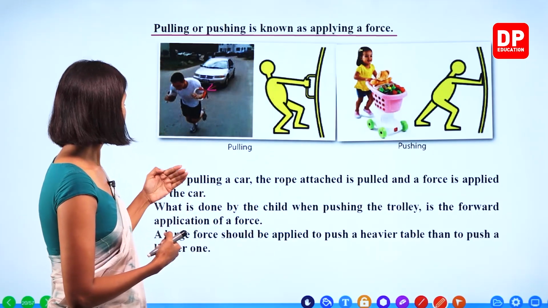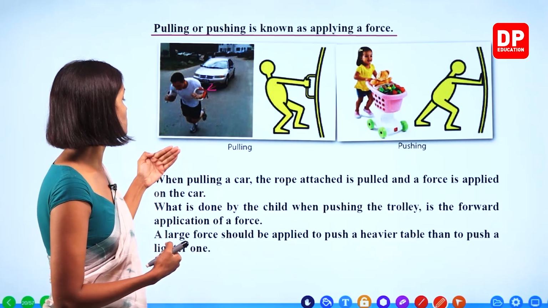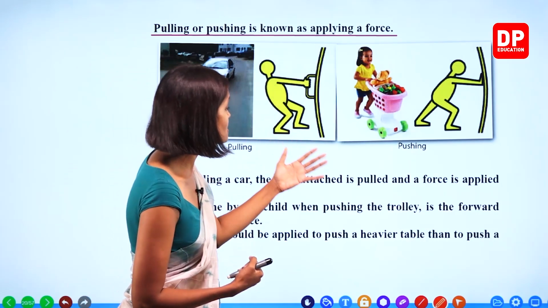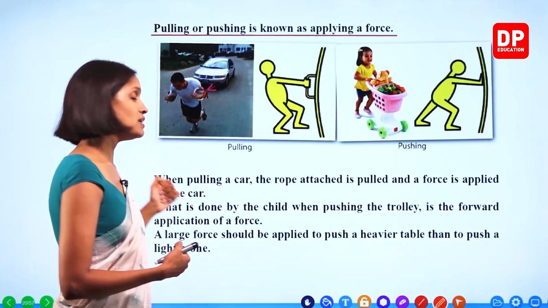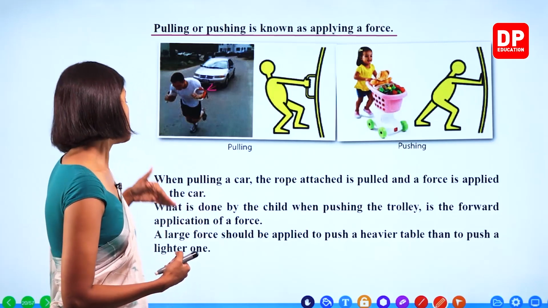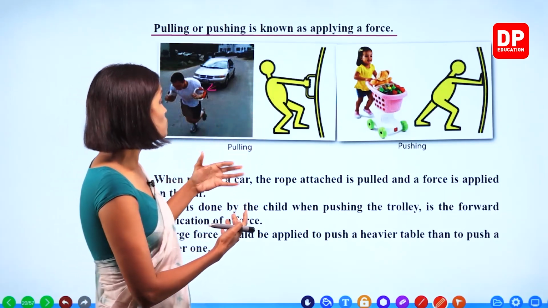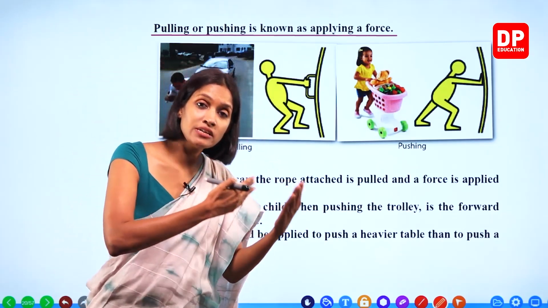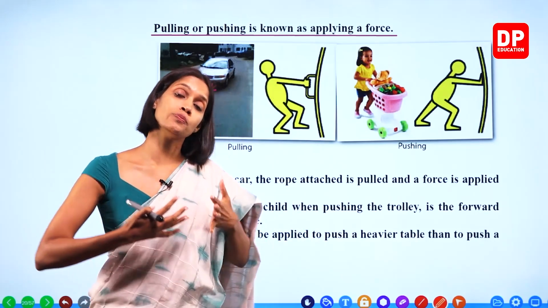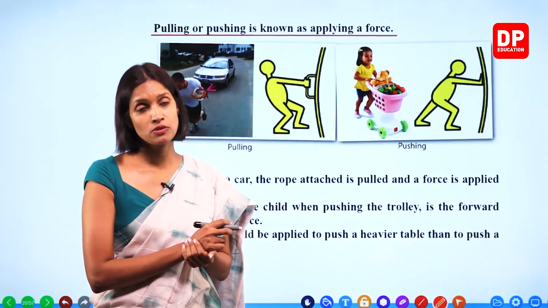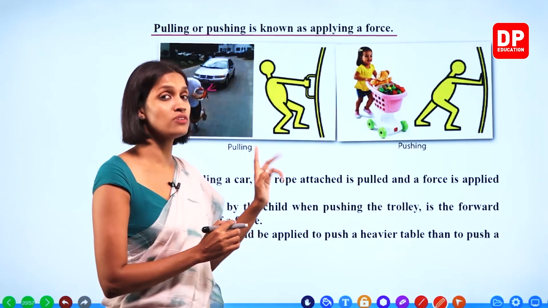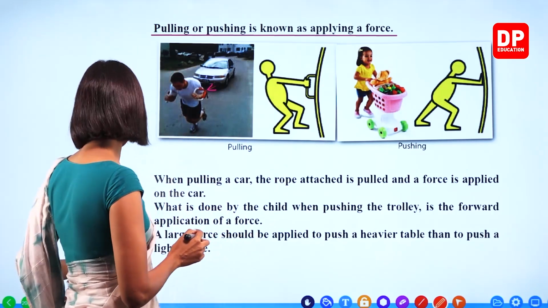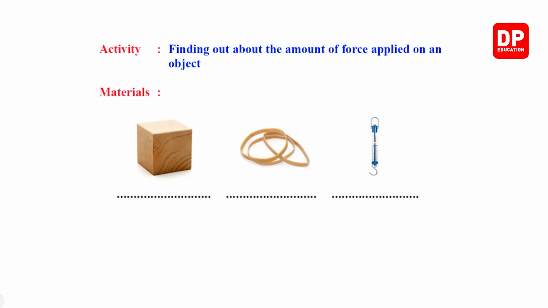A large force should be applied to push a heavier table than to push a lighter one. In order to get a bigger work done, we need to apply more force. To understand this better, we are going to do a simple activity in the lab: finding out about the amount of force applied on an object.